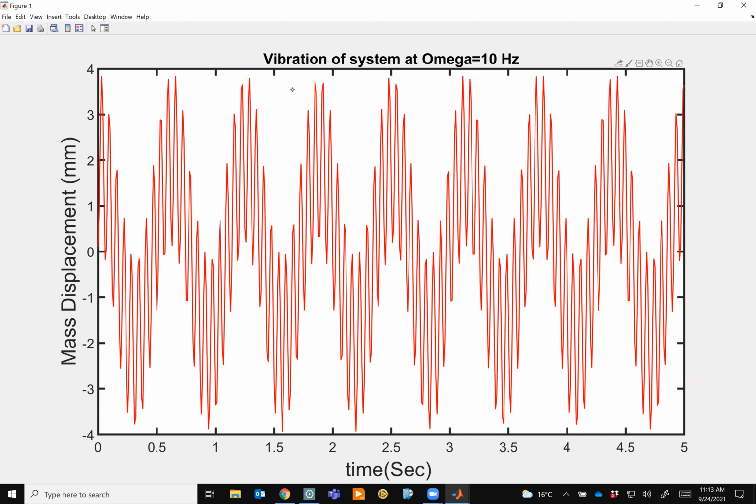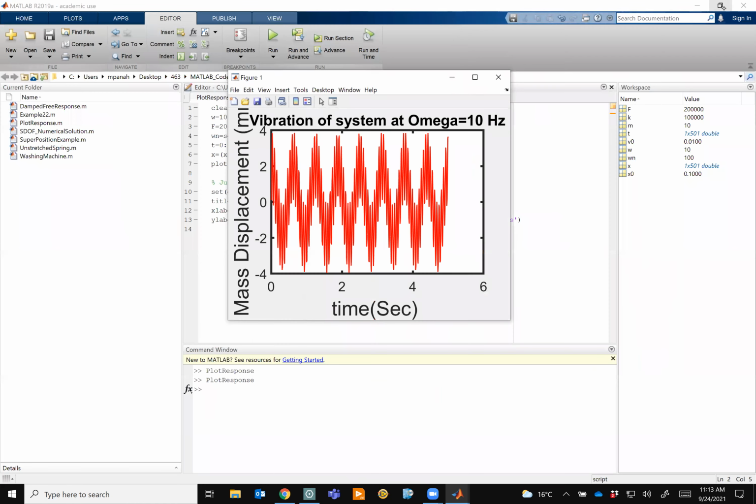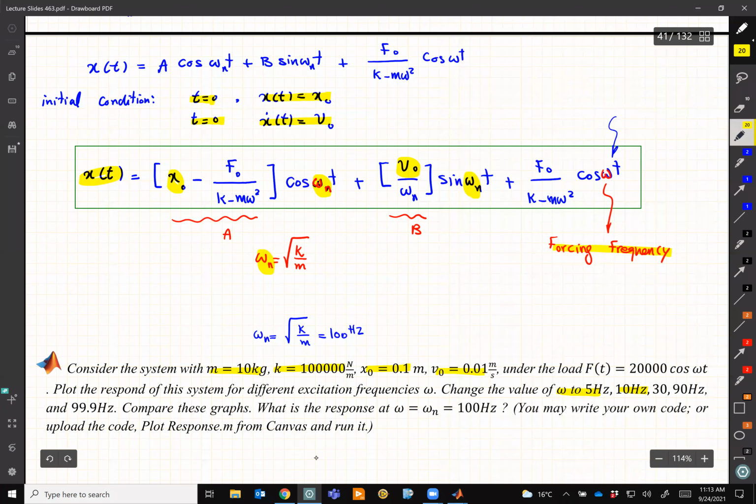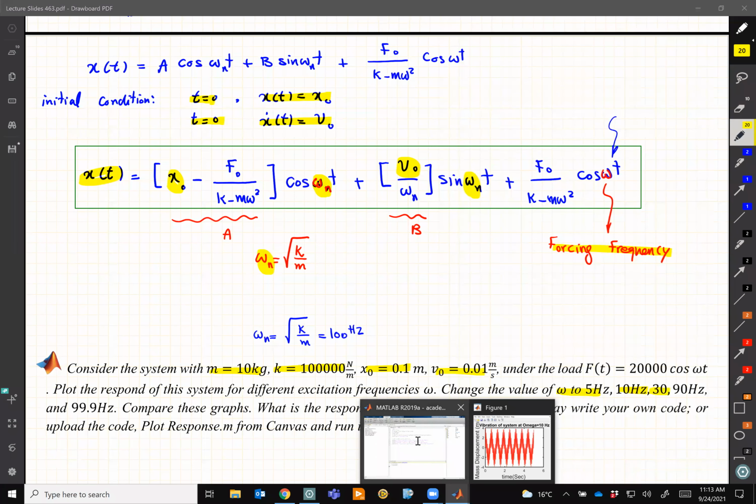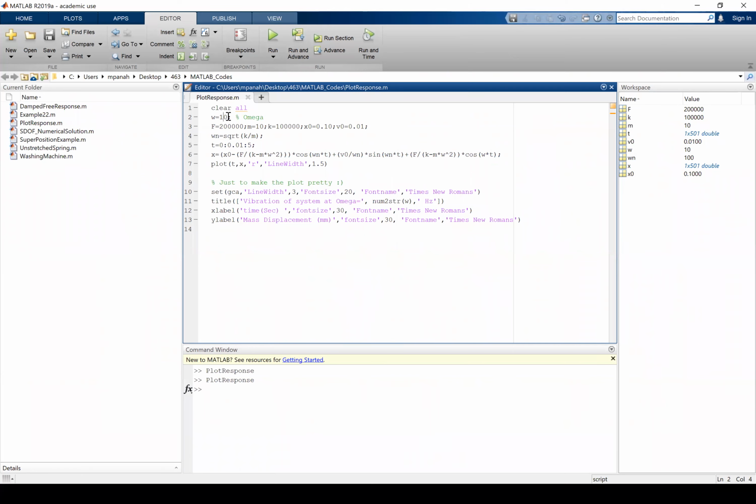But if you count, there are 10 peaks here. So let's change the frequency to the next one. The next one, it says 30. Okay. So let's change it to 30.